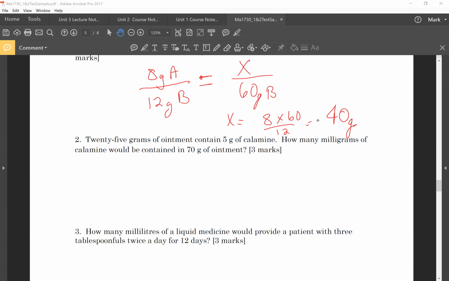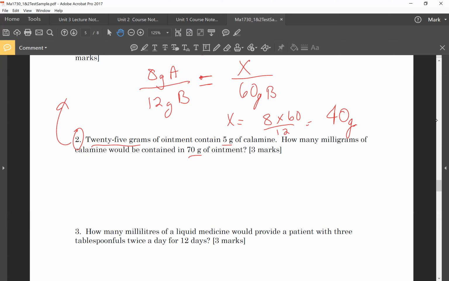All right, number 2 is the same as number 1. It's just a ratio question. There is a little bit of extra work at the end here, which I'll show you. Okay, 25 grams of ointment contain 5 grams of calamine.